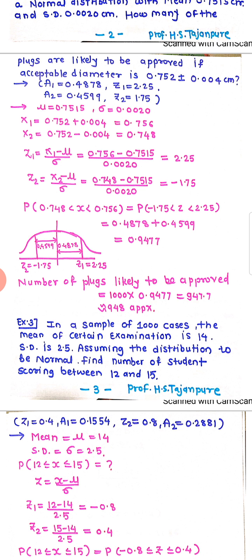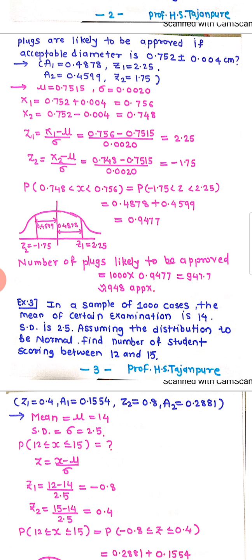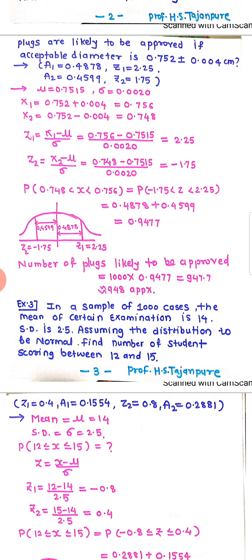As the curve is symmetric, the area from z equal to 0 to 1.75 will be the same as 0 to minus 1.75, which means from minus 1.75 to 0. You can see in the diagram that the area is also available, and hence just add these two areas and you will get the area from the point minus 1.75 to 2.25.